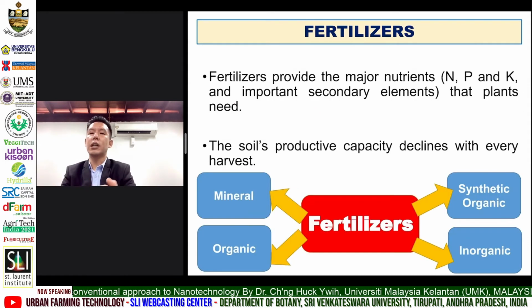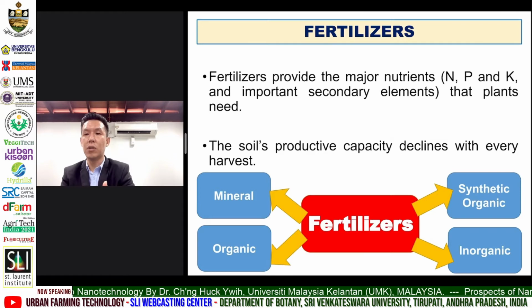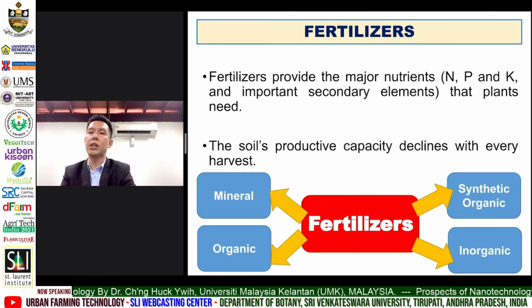So the fertilizer comes in different forms such as mineral and organic, which is in the natural form, and this fertilizer can also be produced industrially to become synthetic organic and inorganic.